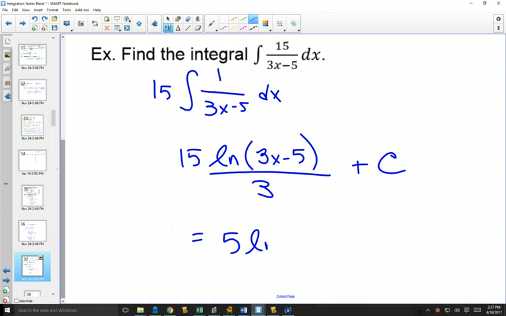Of course, you could simplify this. 15 divided by 3 is just 5. So I'd like you to try this one.